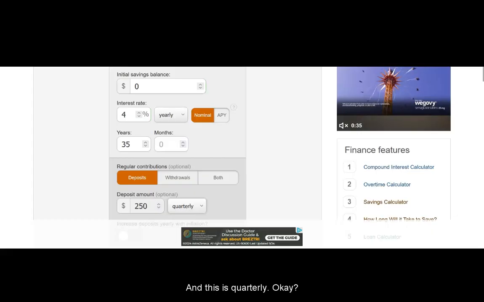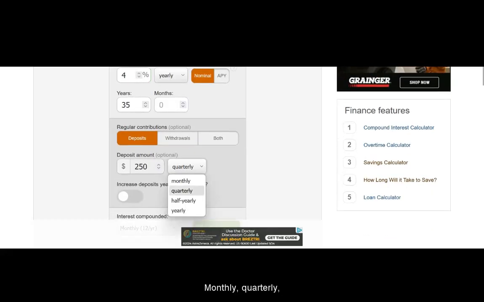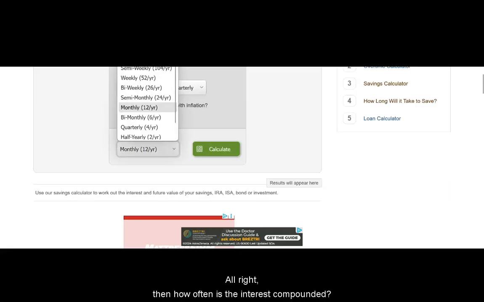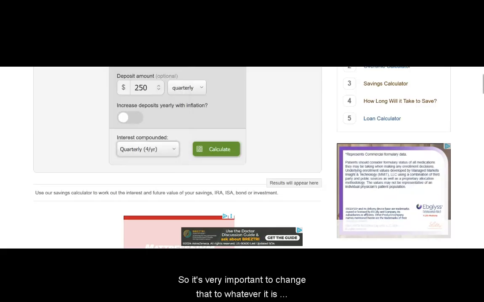And this is quarterly, okay? So it does give you the options, monthly, quarterly, half yearly, which would be semi-annual, and then yearly. All right, then how often is the interest compounded? It's quarterly, because remember, n was 4 in this problem.